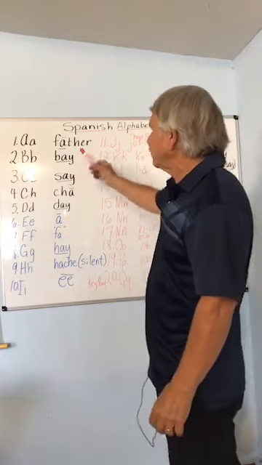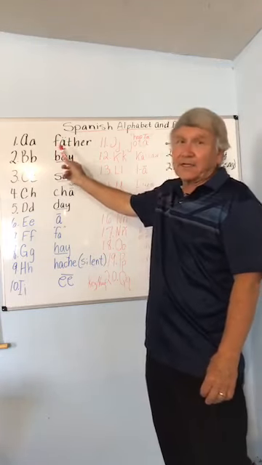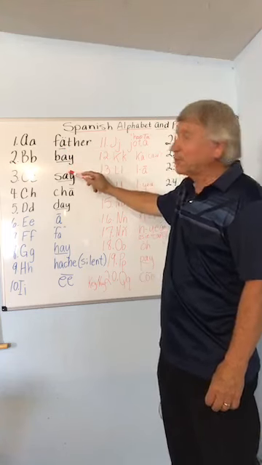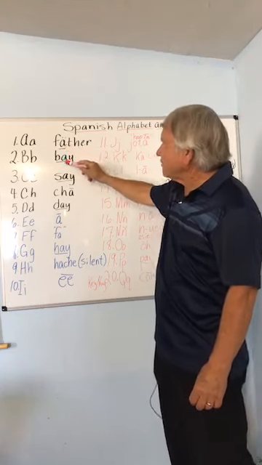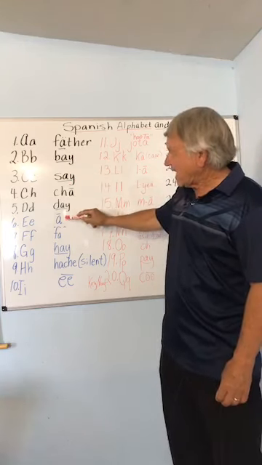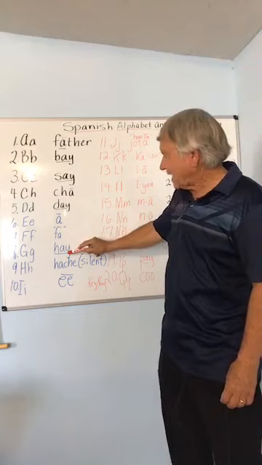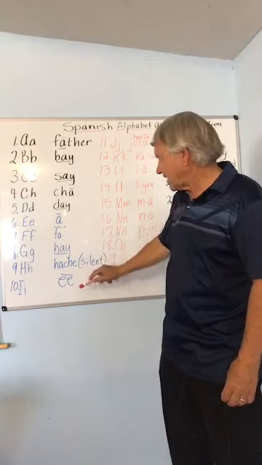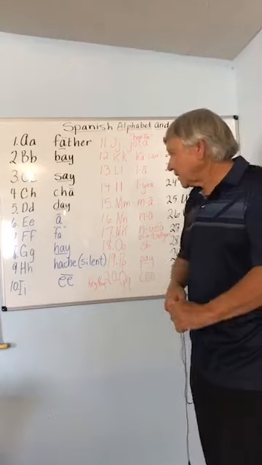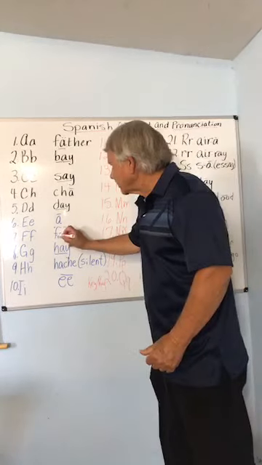Okay, so let's go through these from the beginning again. Here you go. A, be, everybody repeating with me. Everybody. A, be, say, che, de, a, fe, he, ache, e. Okay. Maybe I should put a little space in there.